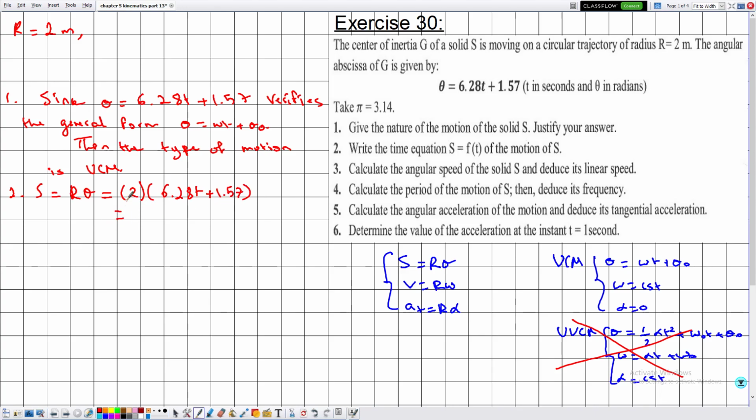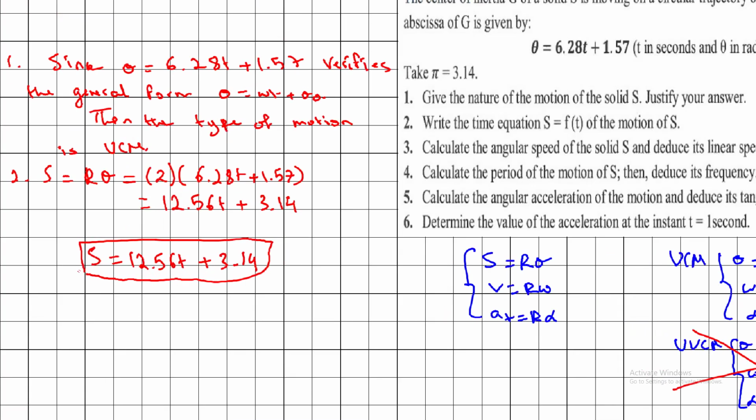So this is 2 multiplied by 6.28, which is 12.56 t, and 2 multiplied by 1.57, which is 3.14. So S as a function of time is 12.56 t plus 3.14. So this is S of t.